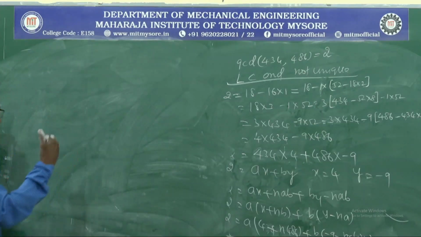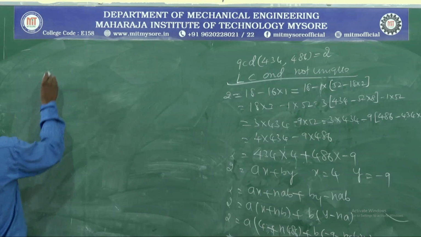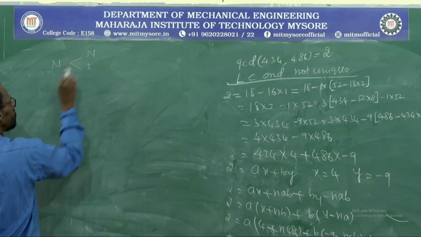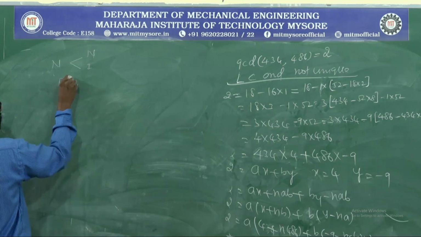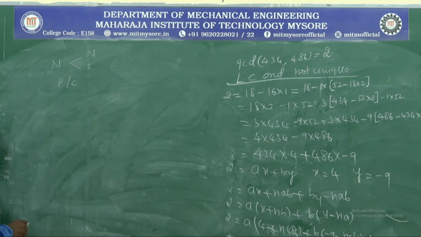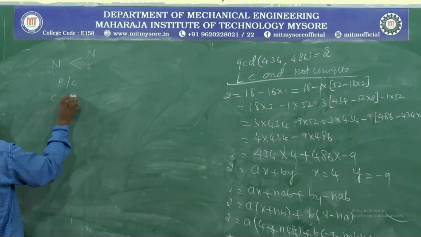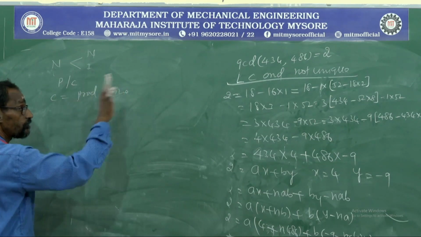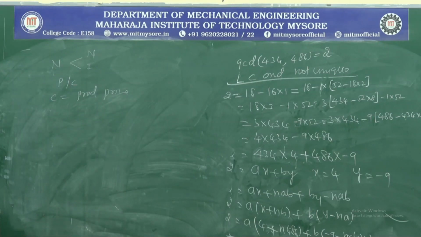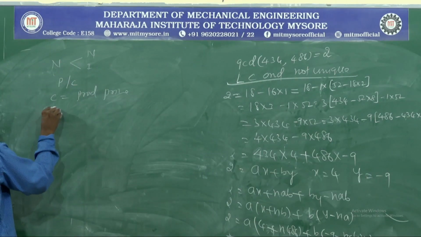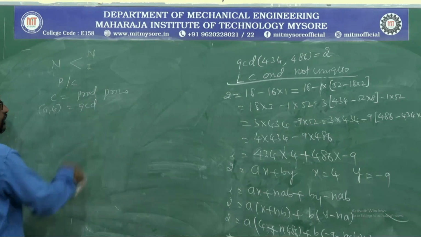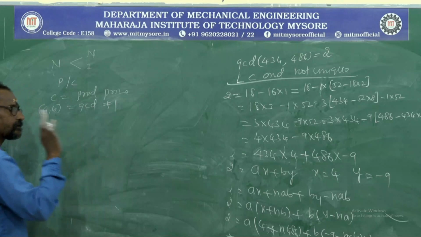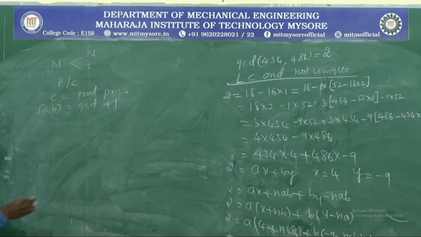Now have a recall. We have natural numbers, integers, then primes, then composites, and every composite is a product of primes: the unique factorization theorem. Now consider a pair of numbers and get the GCD. If the GCD is not equal to 1, they are not relatively prime.